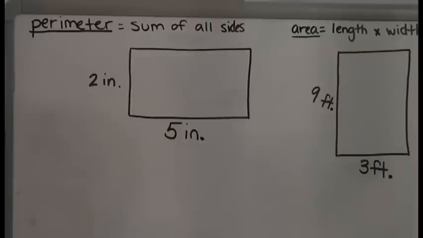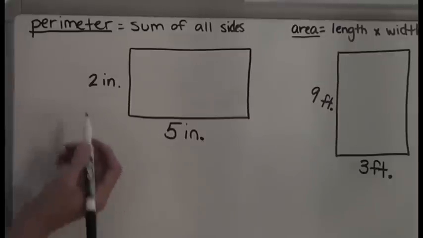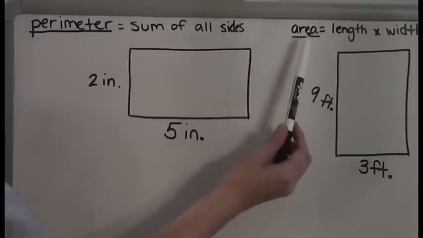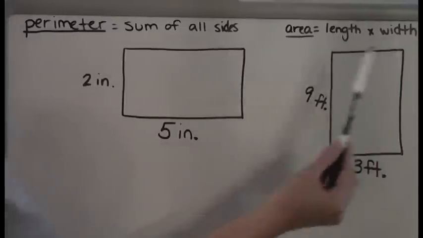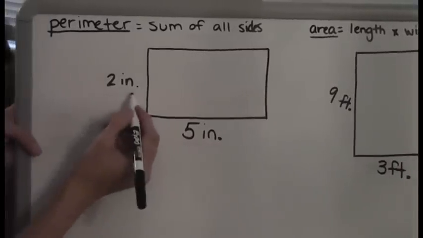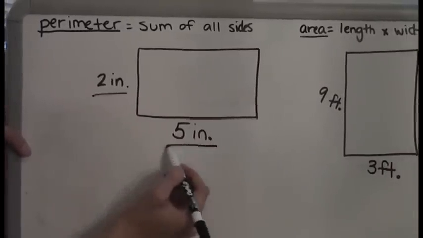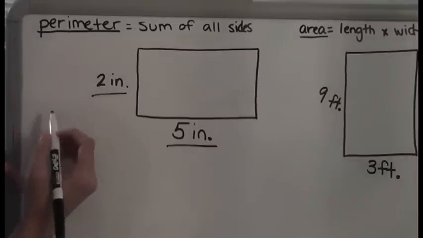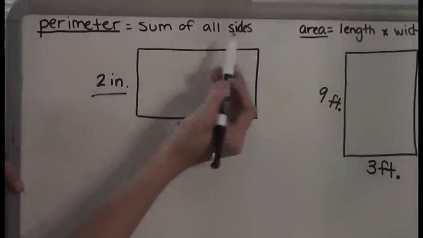We're going to do 2 final examples. Now these are a little bit closer to what you're going to see in math class if you were to look in your textbook or something like that. Now remember, perimeter is the sum of all sides, and area is the length times the width. So here we have 2 inches and 5 inches for our lengths. So to find the perimeter, we have to find the sum of all the sides.